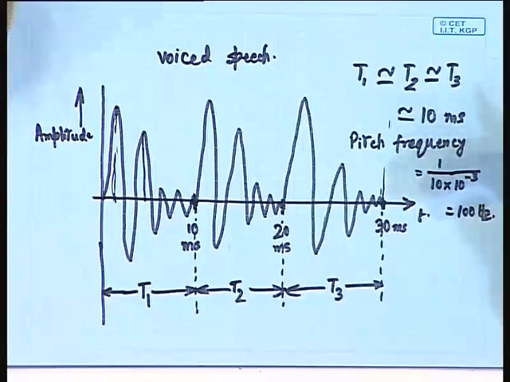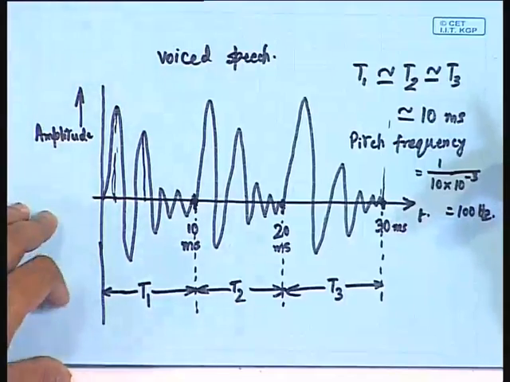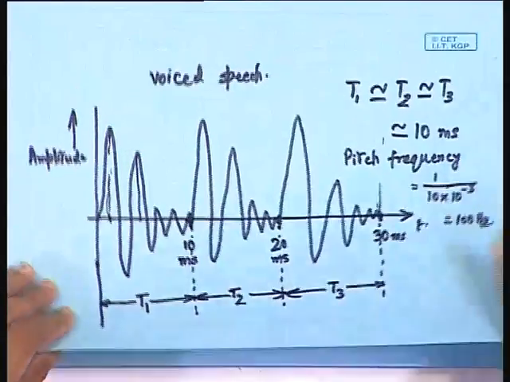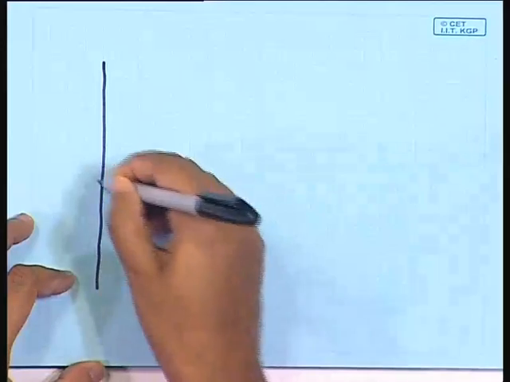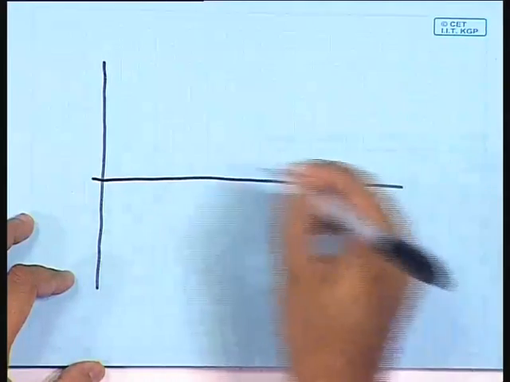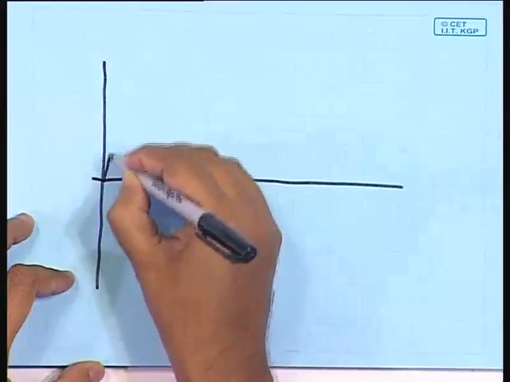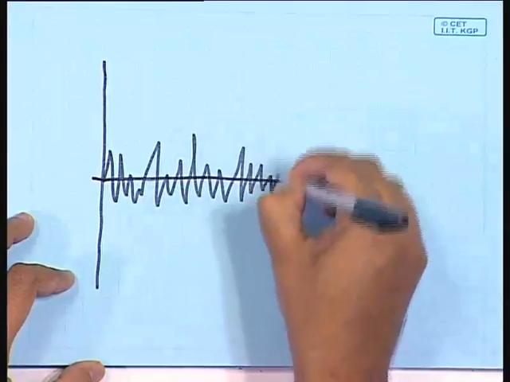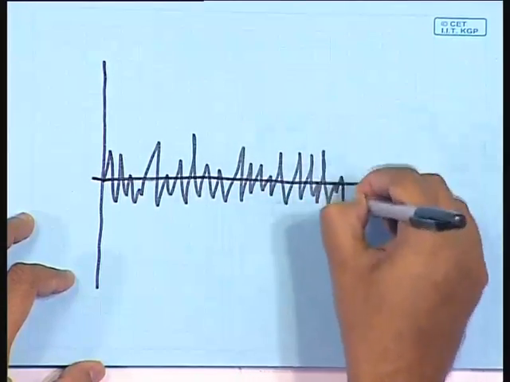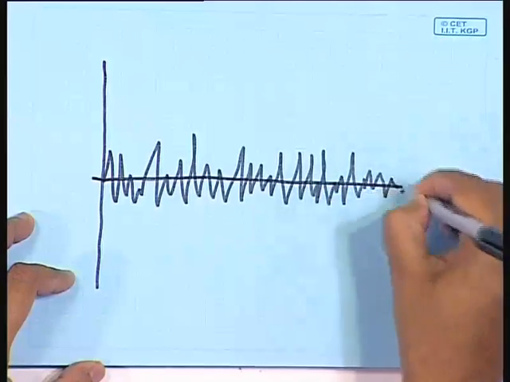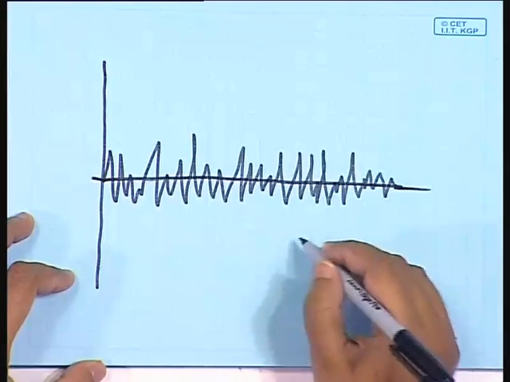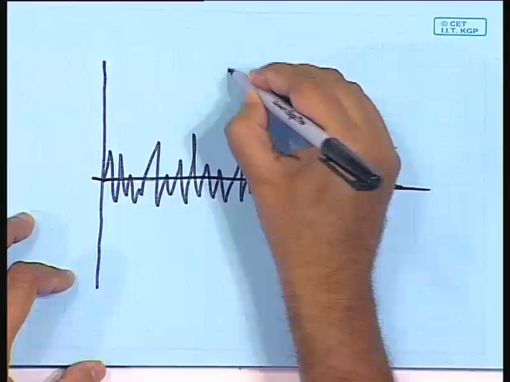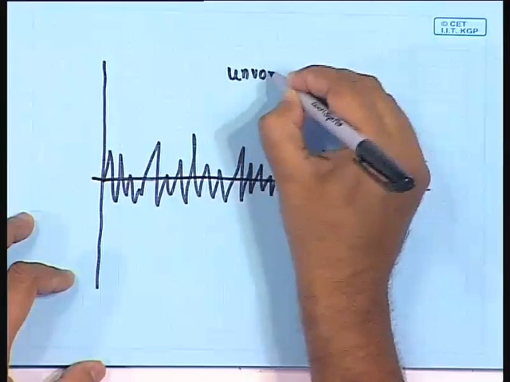So, this is what we have for the voiced speech, whereas for the unvoiced speech the waveform would look something like noise. We will have no regular pattern. The signal could be something like a random noise-like thing. So, this is for the unvoiced speech.